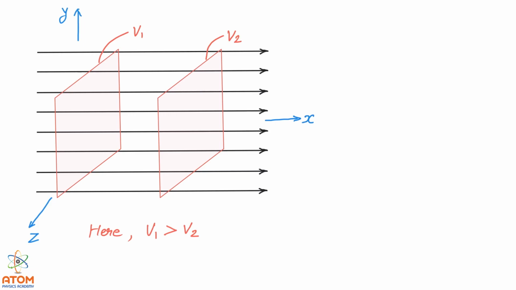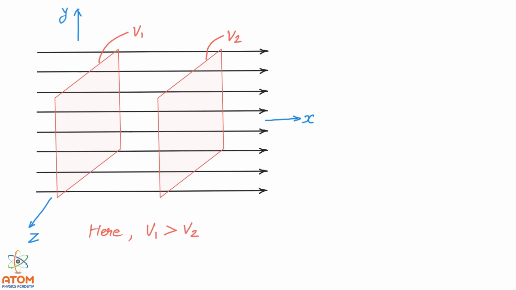We know that definition of potential says that it is the work done on bringing unit positive charge from infinite to the particular point. Now, if I bring a unit positive charge from infinite to this plate, then I have to do that work against the electric field.